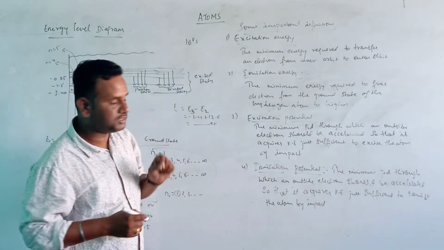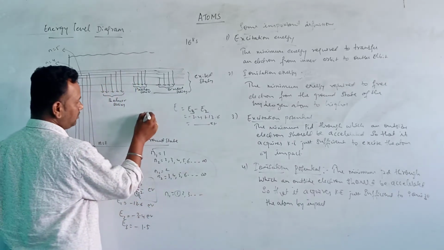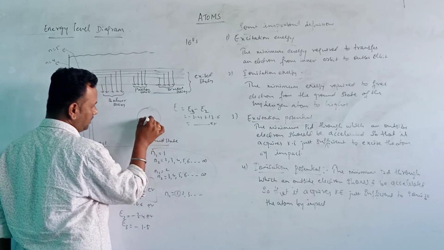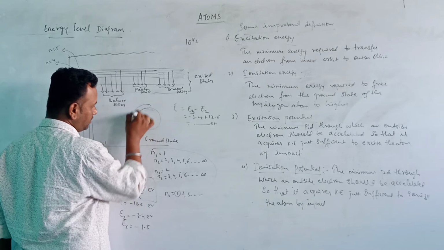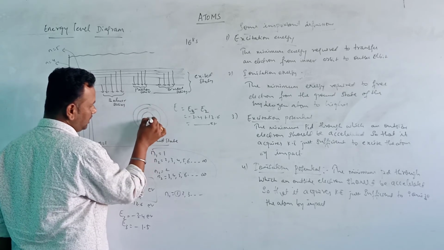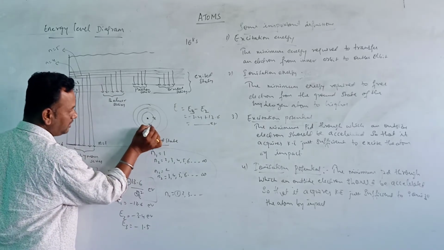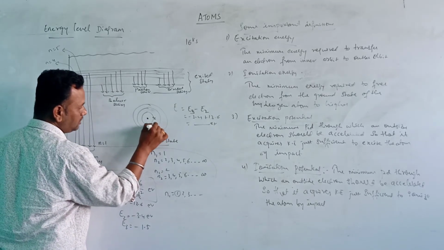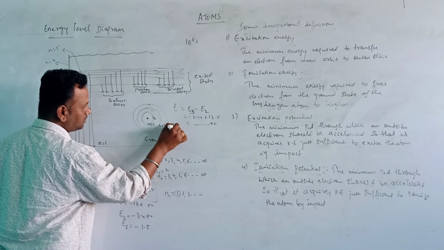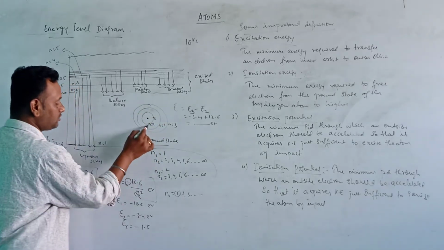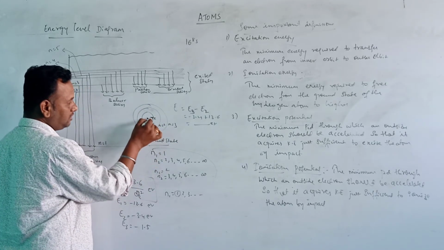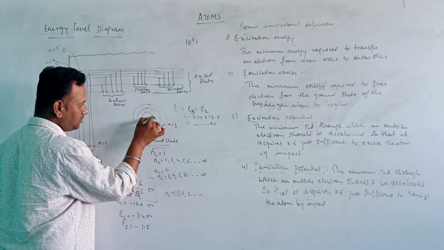If there is a nucleus here and a number of orbits, and an electron is here, then it is in the ground state. Here n is equal to 1, n is equal to 2, n is equal to 3, like that. n equal to 1 means it is the ground state.